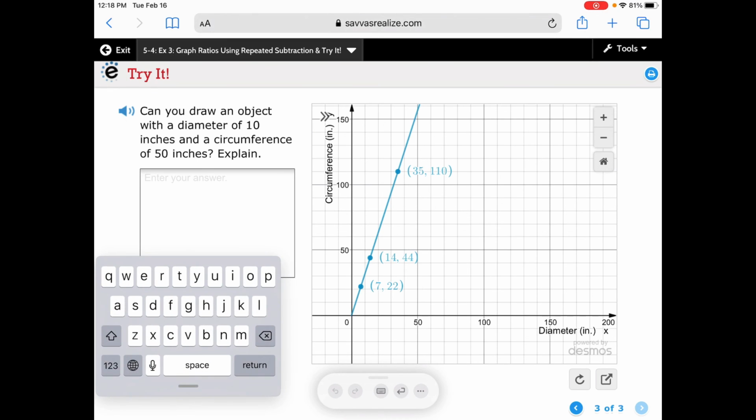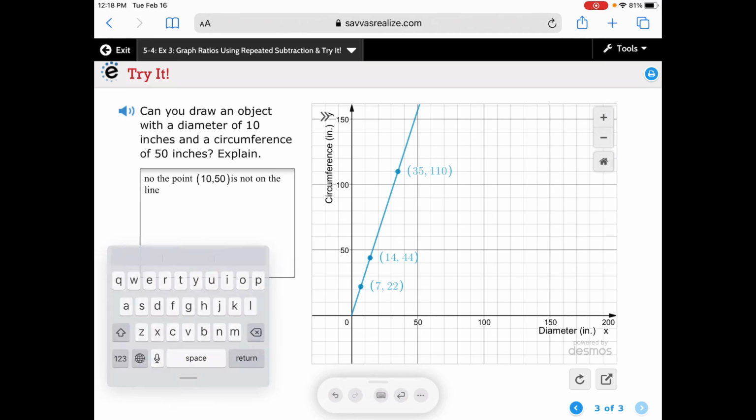So our answer would simply be no. The point 10, 50 is not on the line. So based off of the graph here, it's not going to work.